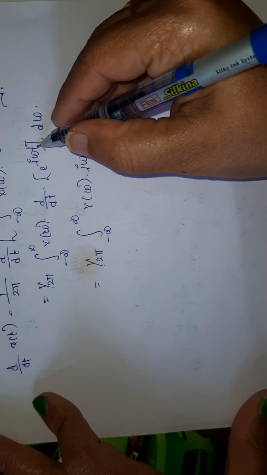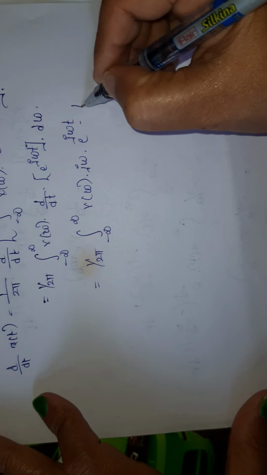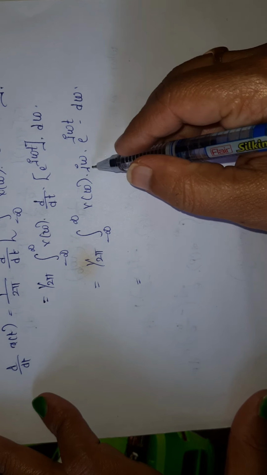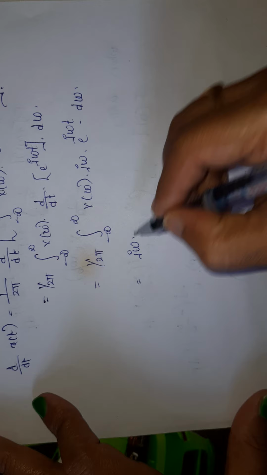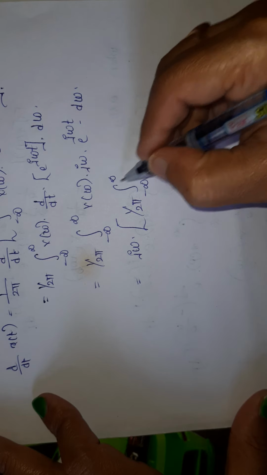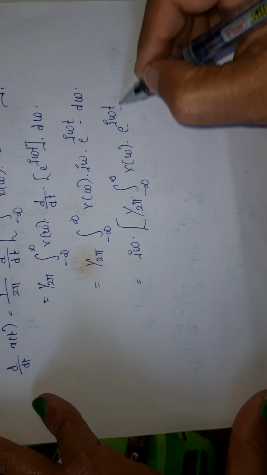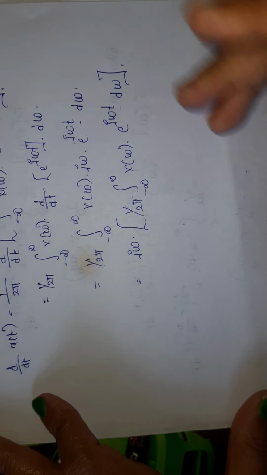Doing differentiation with respect to t, so j omega into e power j omega t into d omega. So I am writing j omega outside, so 1 by 2 pi integration from minus infinity to infinity X of omega e power j omega t d omega.